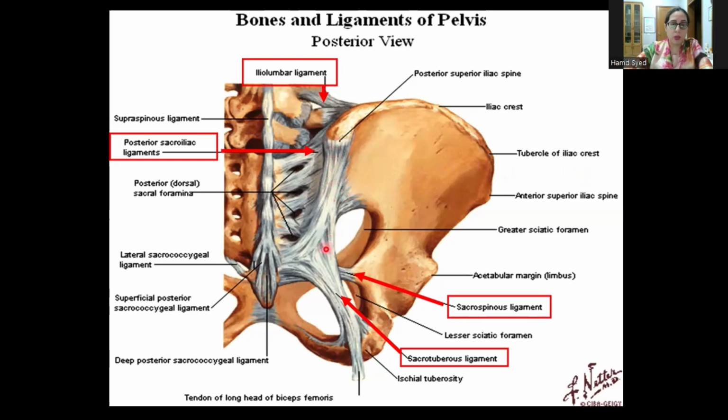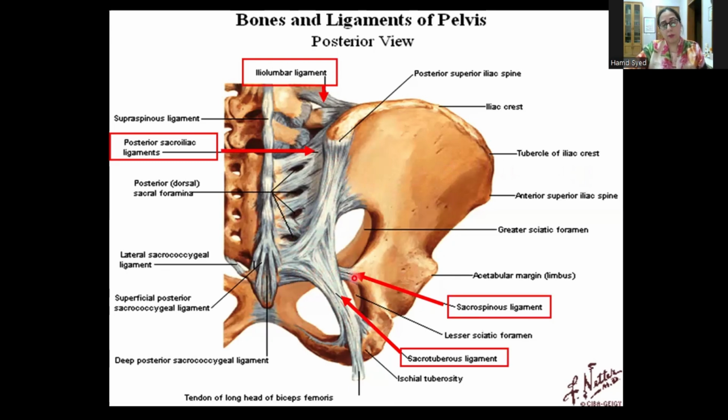And now we can see over here, this is the sacrotuberous ligament. Here is the sacrum bone. Now from the back of the sacrum bone, this ligament passes towards this ischial tuberosity. And here is the sacrospinous ligament, which passes from the back of the sacrum to the ischial spine.